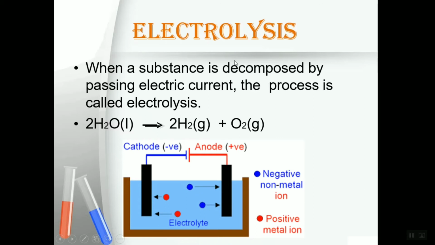So in the electrolysis process what happens? Two types of ions are present in the electrolyte. One is cation, second one is anion. Cation is nothing but the positive ion and anions are nothing but the negative ions. So cations are attracted towards the cathode and anions are attracted towards the anode. So the whole process is called electrolysis.